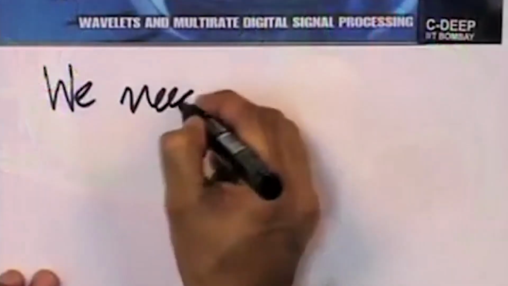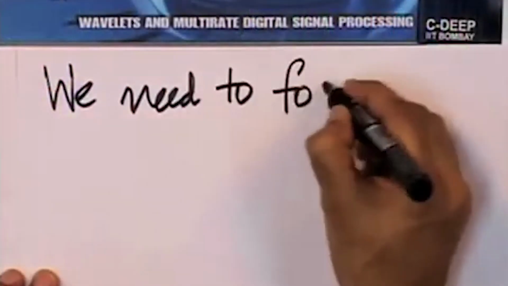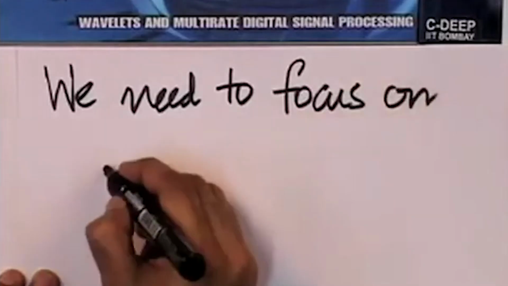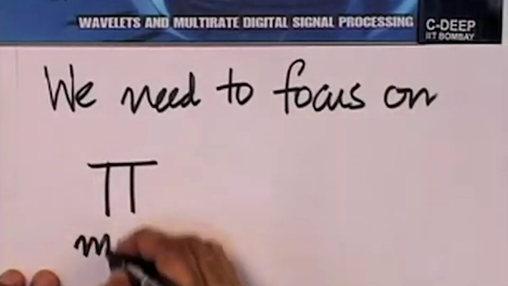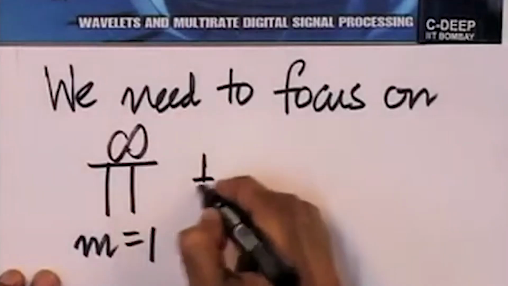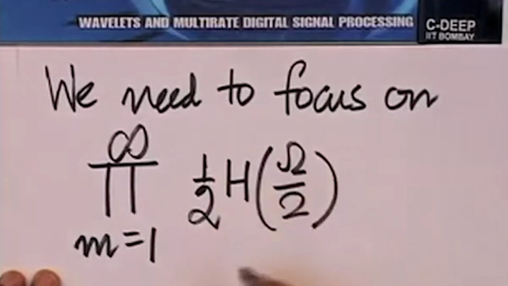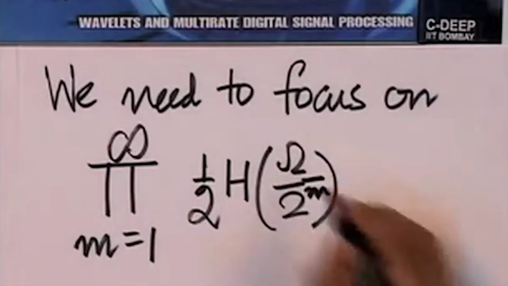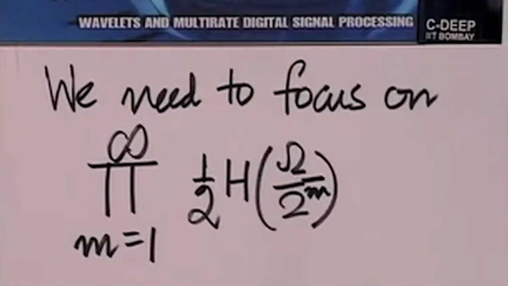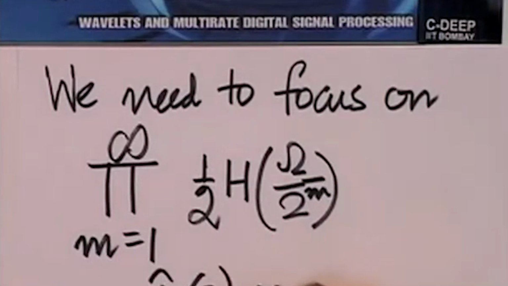So, we need to focus on this infinite product here. Phi cap 0 is just a constant.